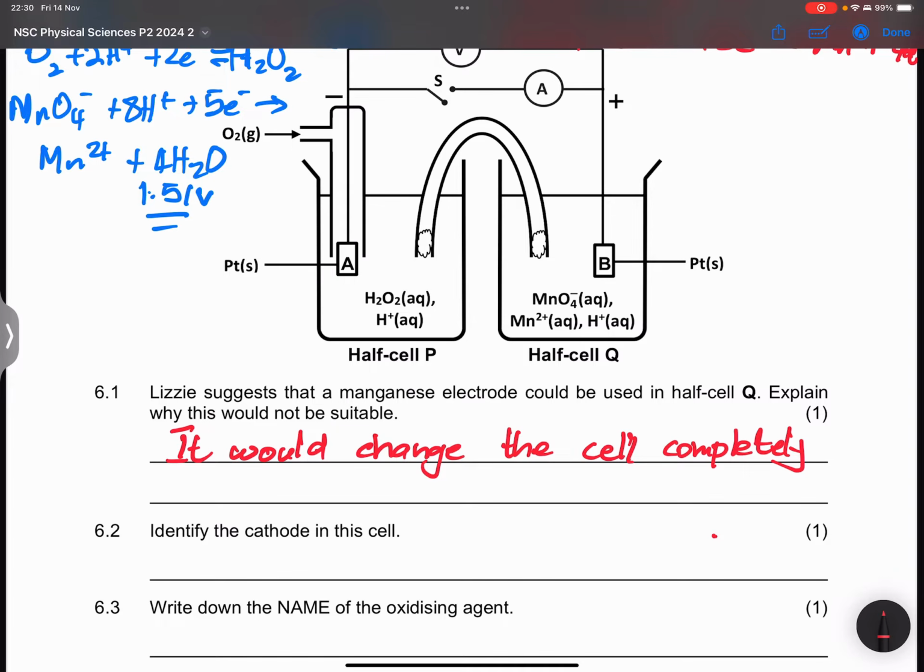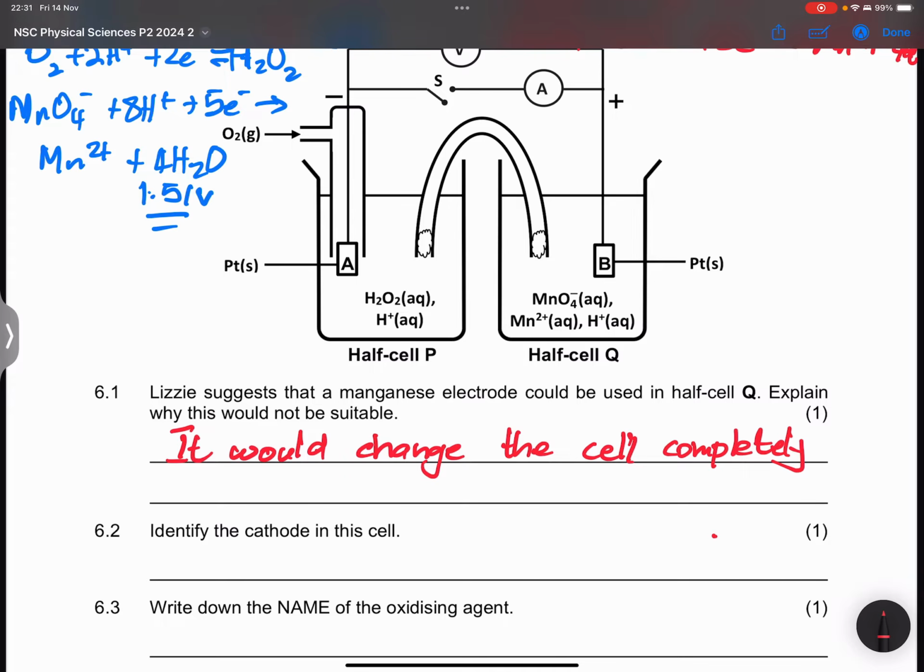You could also say that if you add a different half cell, the half reaction may not occur.